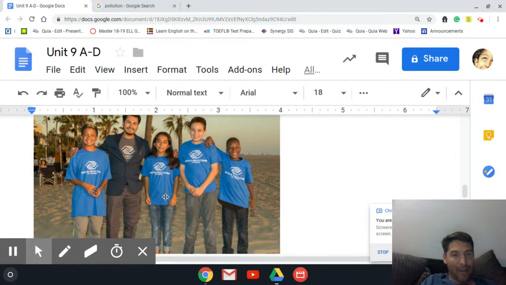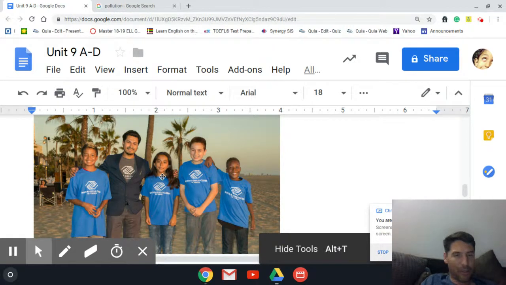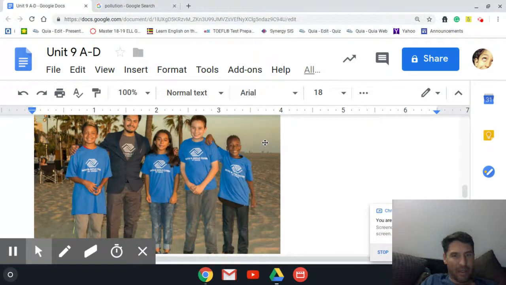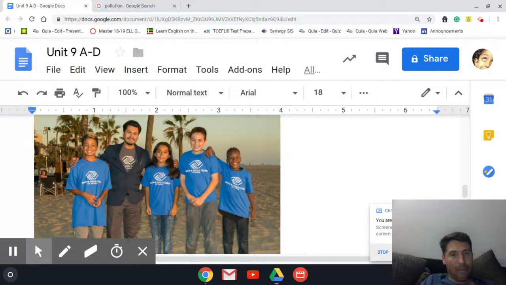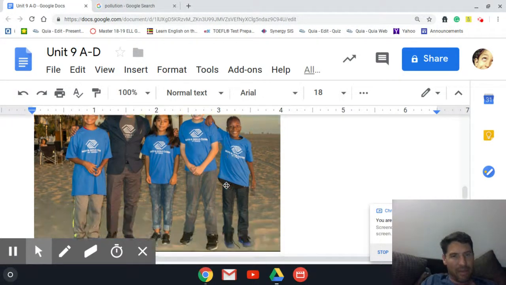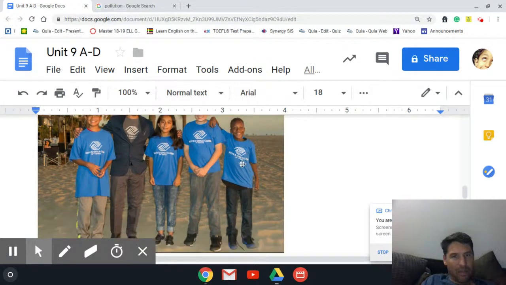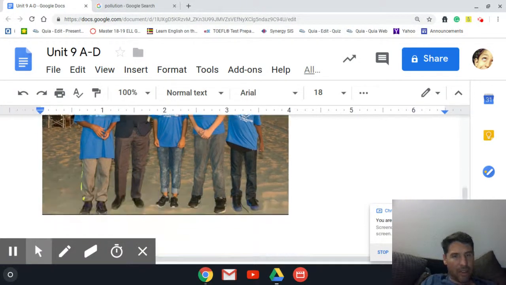Or most of the people, if you're talking about all of them, most of the people are children. Most of the people are male, right? Yeah, so those are just some examples.